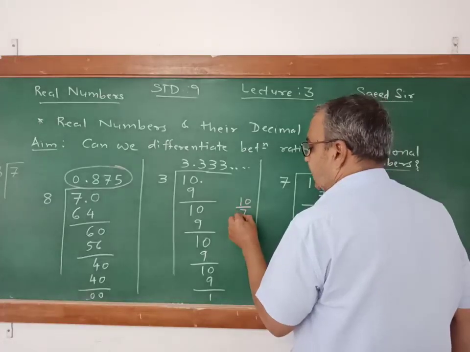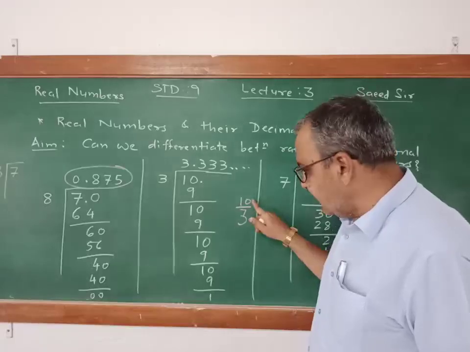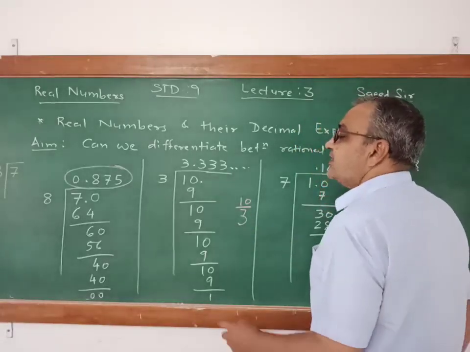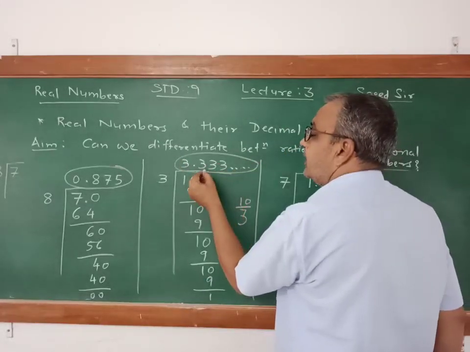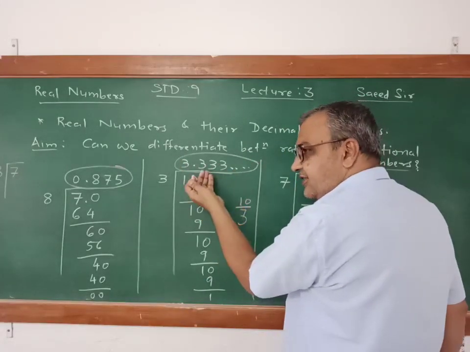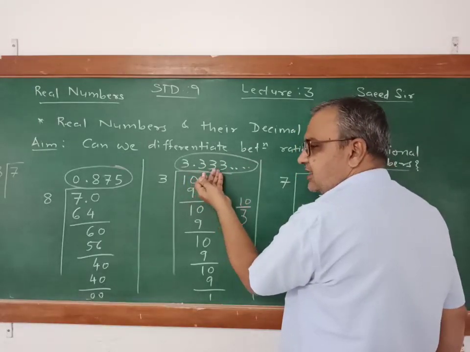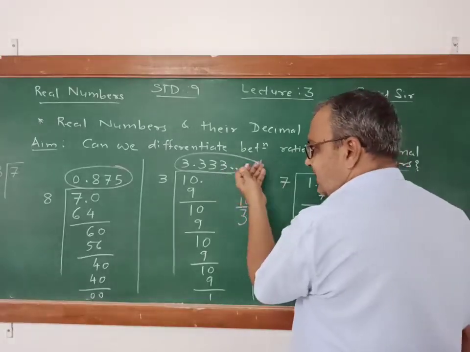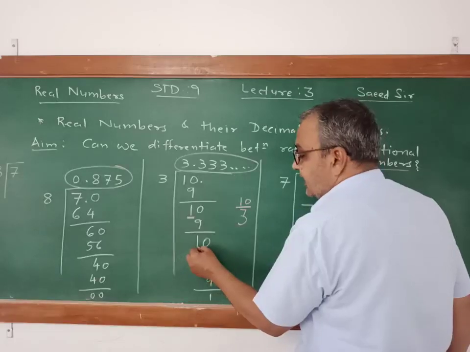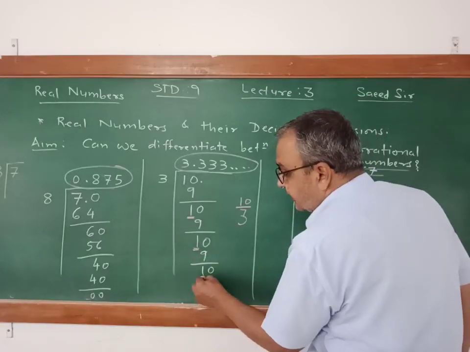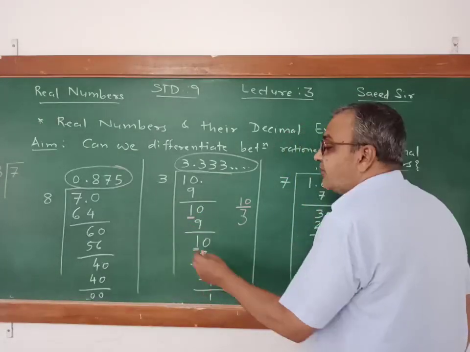When 10 is divided by 3, we can see the quotient is like this: 3.3333 and it's repeating. The quotient is repeating 333. It endlessly repeats and we can also see that the remainder is 1 and it's going on 1.